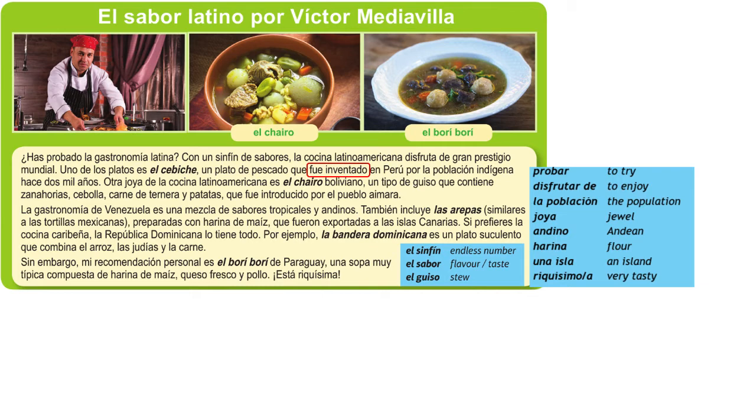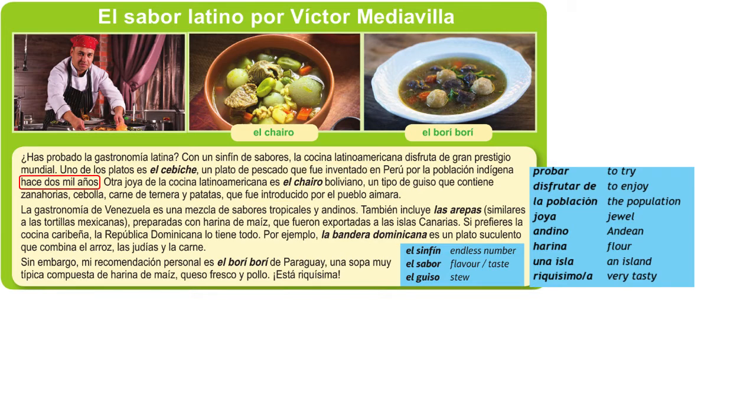Fue inventado, was invented. Okay, there's a couple of other examples. Fue introducido, was introduced, and fueron exportadas, were exported. Okay, just to point it out to you so you can recognize it.